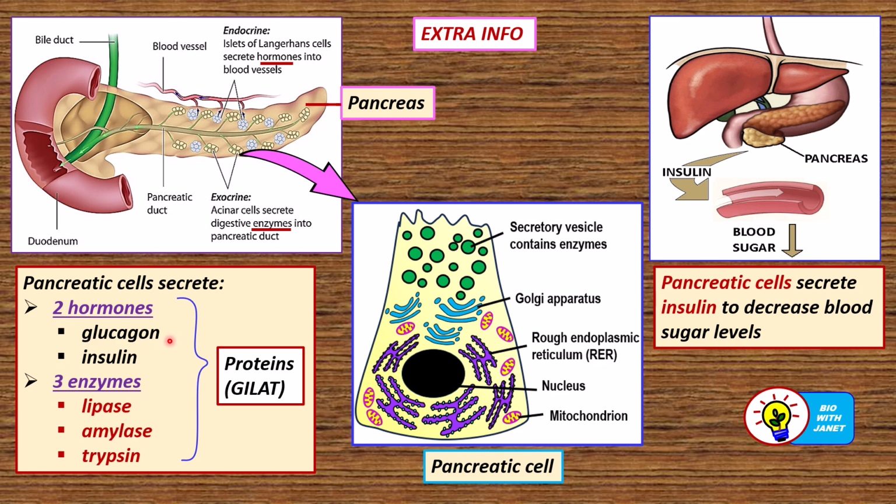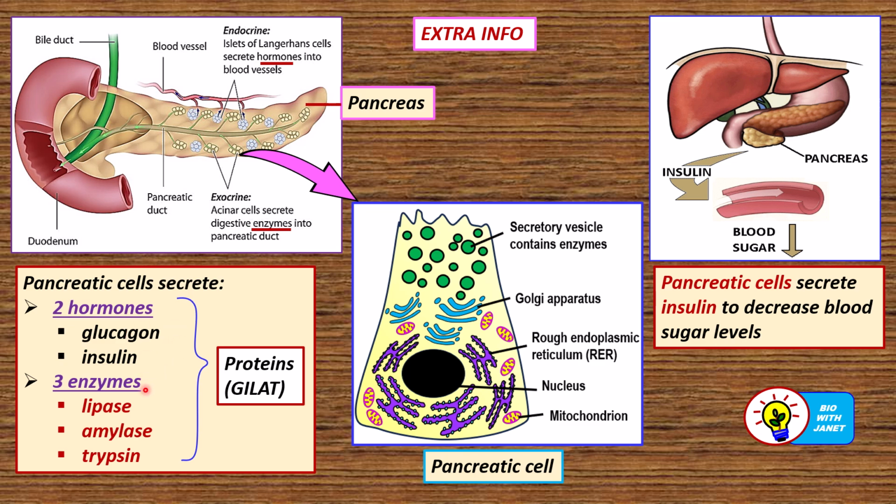Firstly is glucagon, which converts glycogen into glucose when blood sugar level is low. And then we have insulin, which converts excess blood glucose into glycogen to be stored in the liver, right? So these two are hormones that regulate the body functions. And they are both proteins.